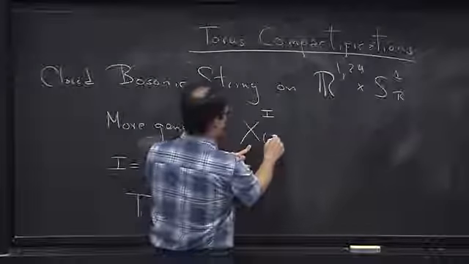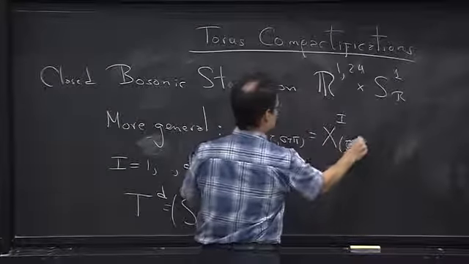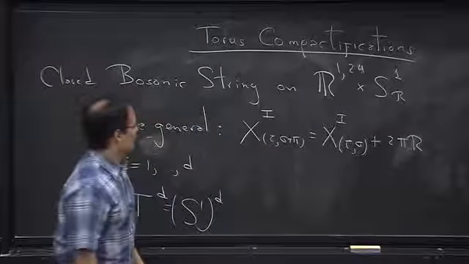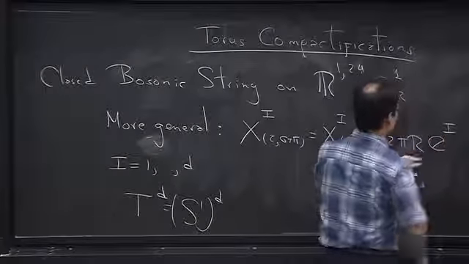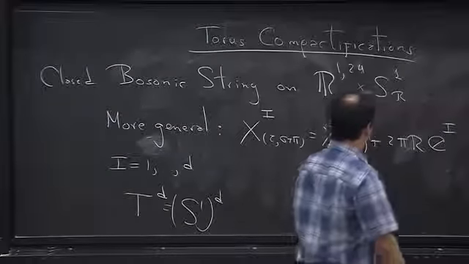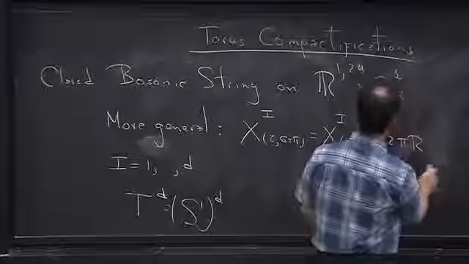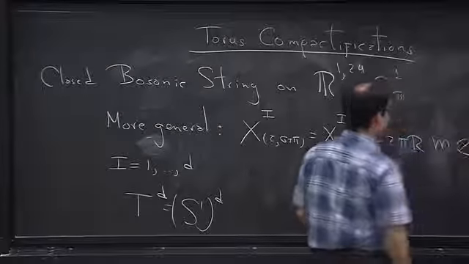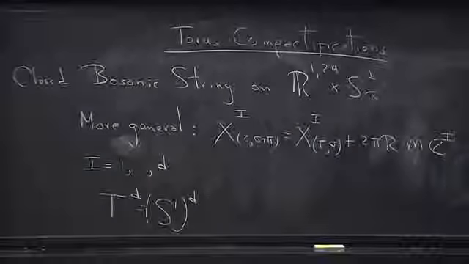Well, but now what could the boundary conditions be? We will have something that looks like this, plus 2 pi r. Now you can have anything. We want to allow here, let's write something like m times e_i. Okay? Is that the notation I want to use? Just a second.